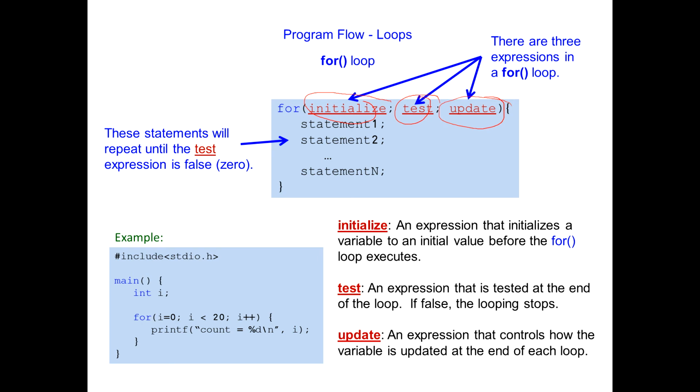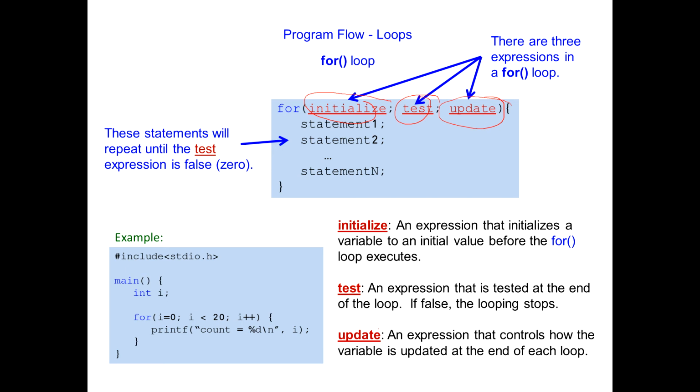The initialize part is where we can initialize variables that we want to have a particular value when we start. The test is the expression that's tested to see if it's true or false, and if it's false, the looping will stop. And then we have the update, which controls how variables are updated.